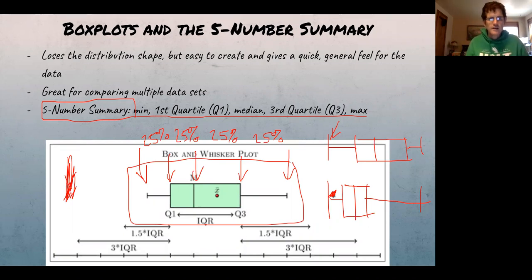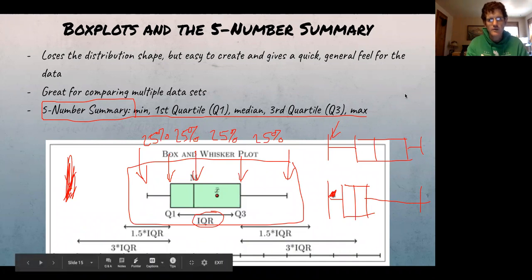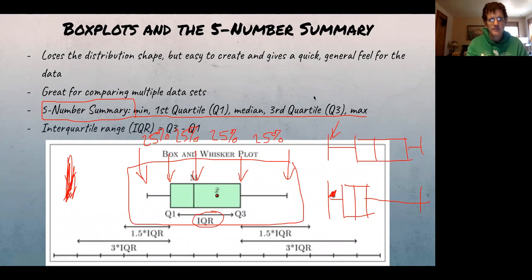The interquartile range you can see marked right here. This shows the actual range between the first quartile and the third quartile. Okay, so let me start over. The range represents this entire distance. But that doesn't help us a whole lot, because you can have a crazy value that lives right here.